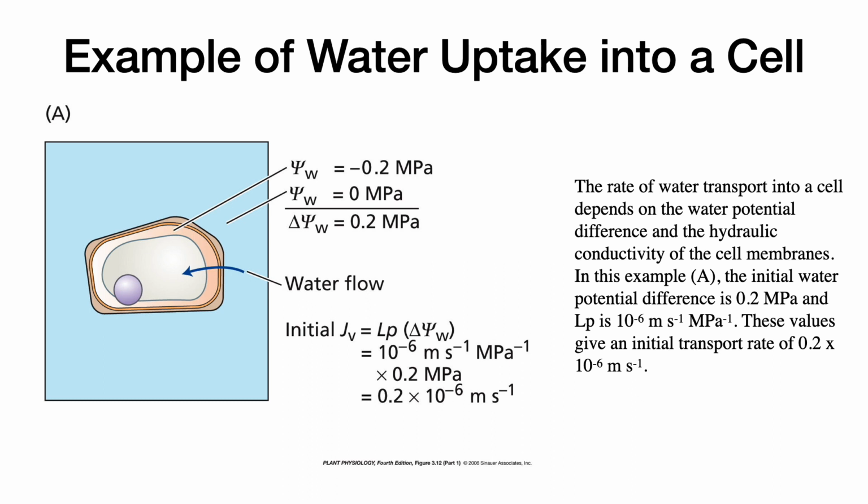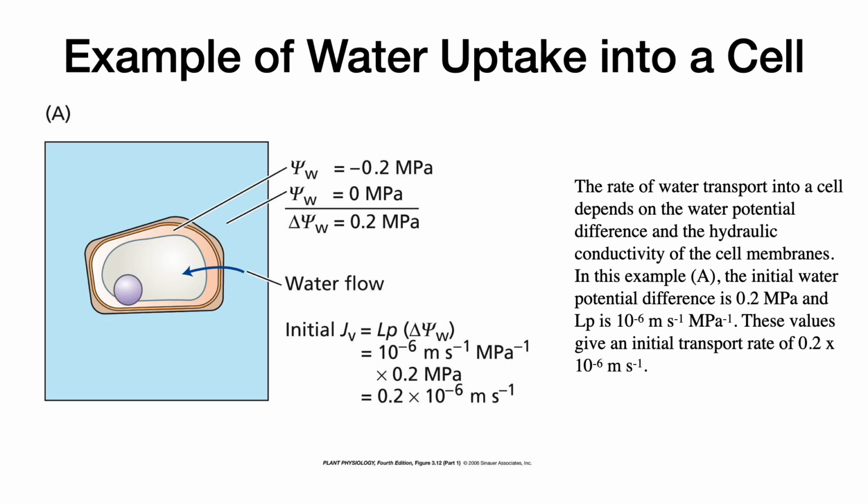And so which way would water move? Well, we use our equations to understand that. And we find that the water potential of pure water is higher than the water potential inside the cell. So water would flow from the outside and into the cell spontaneously.